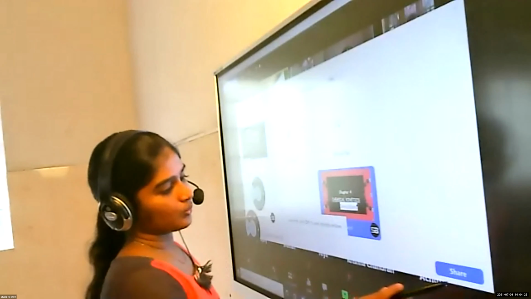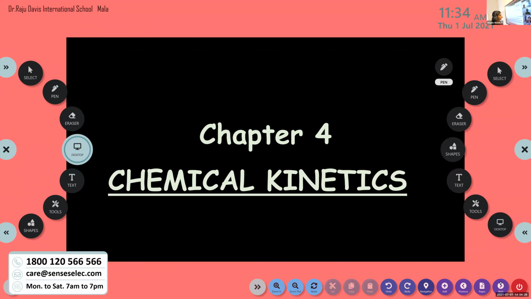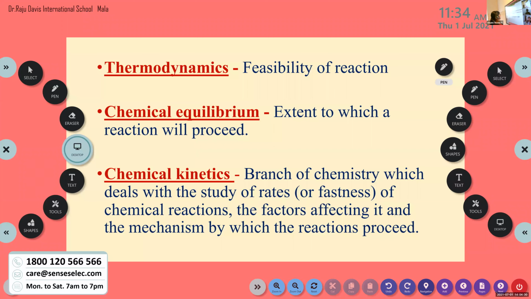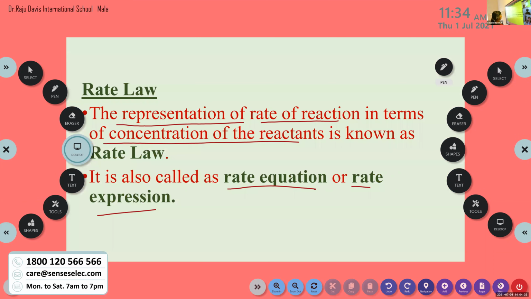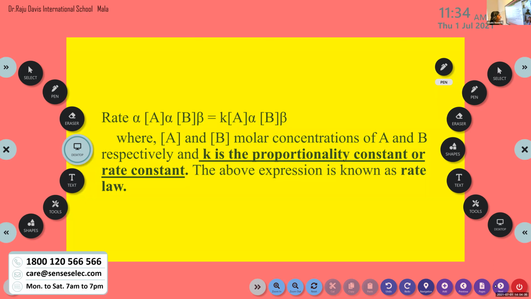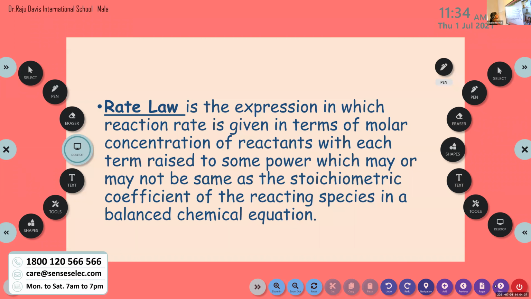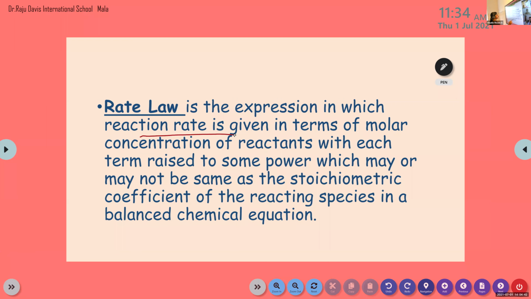Then now we can rewrite the definition of this rate law. Rate law is the expression in which reaction rate is given in terms of molar concentration of reactants with each term raised to some power which may or may not be the same as the stoichiometric coefficient of the reacting species in a balanced chemical equation.